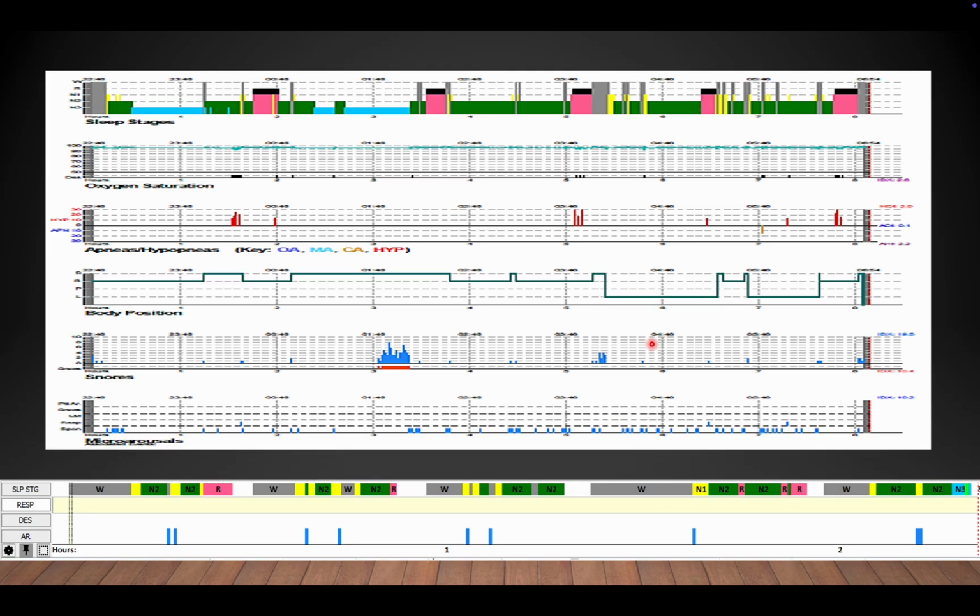Now, this is another case where you can see there were no SOREMs in the nocturnal study. We have 5 REM sleep periods, and the patient was awake again here before the end of the study. This patient had a SOREM in the first nap, second nap, and in the fourth nap. In this case, again, we continued to the fifth nap.